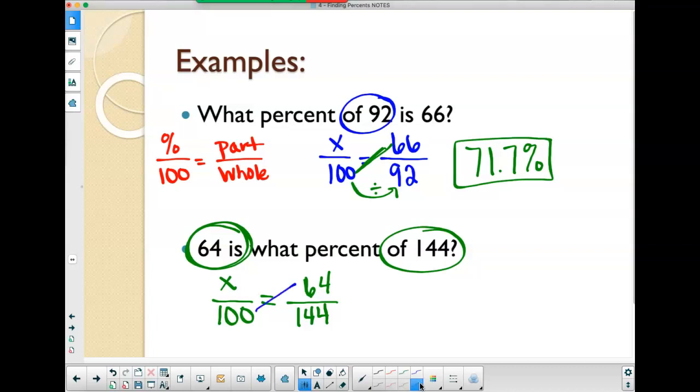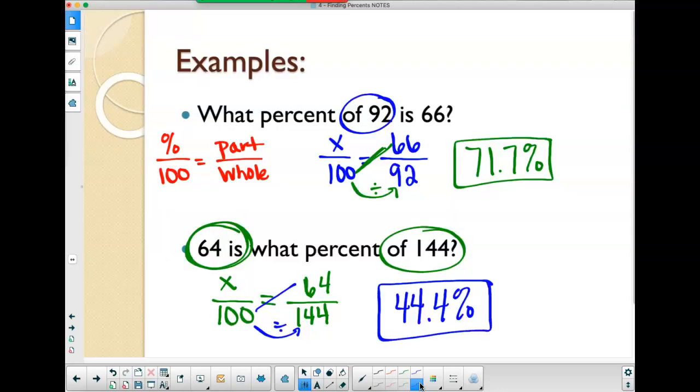Multiply the diagonal numbers, divide by the third number. 64 times 100 divided by 144. You should get 44.4%. Questions there so far? Any questions at home?